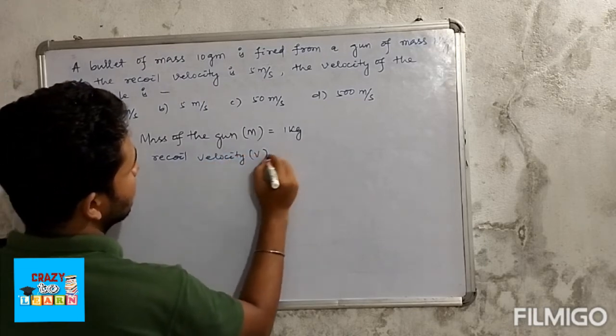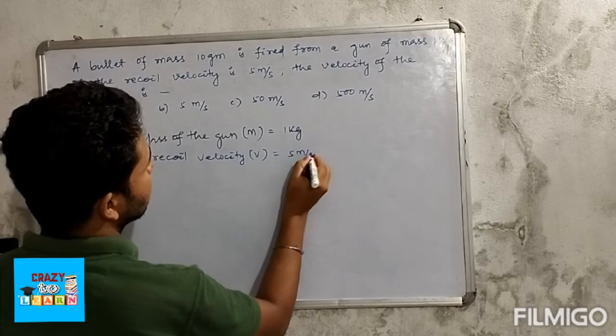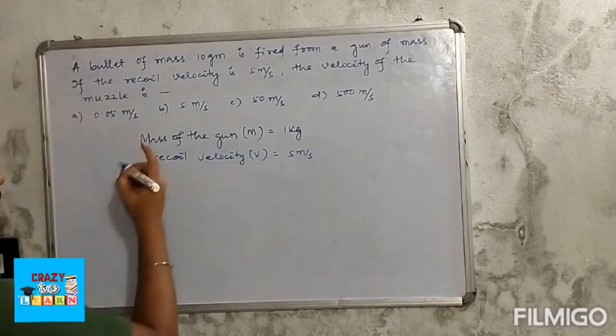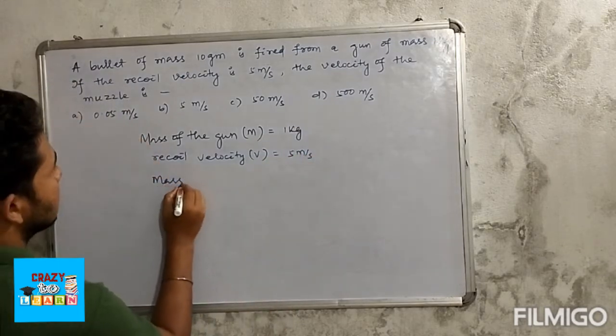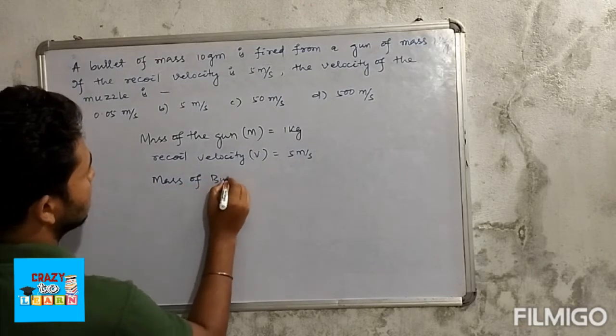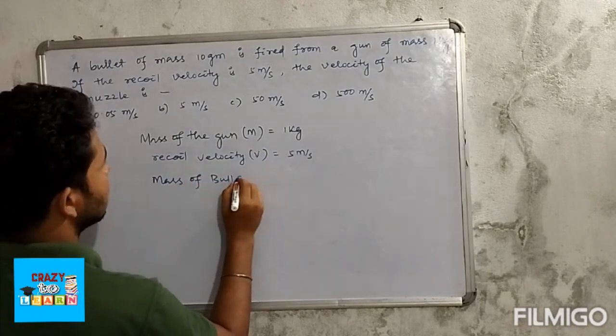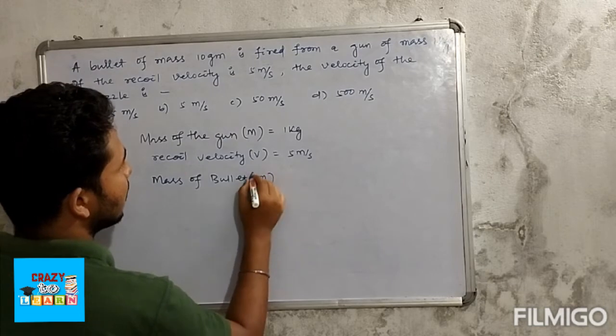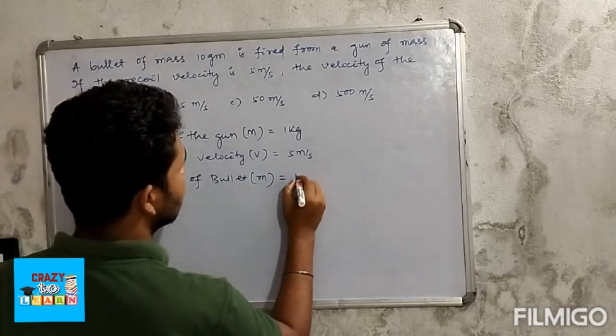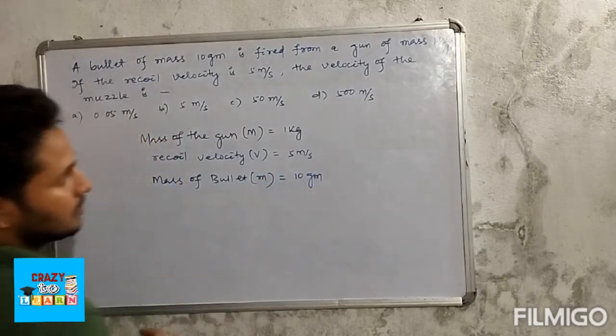V is equal to 5 meter per second. Mass of the bullet, you can take it as small m, is equal to 10 gram.